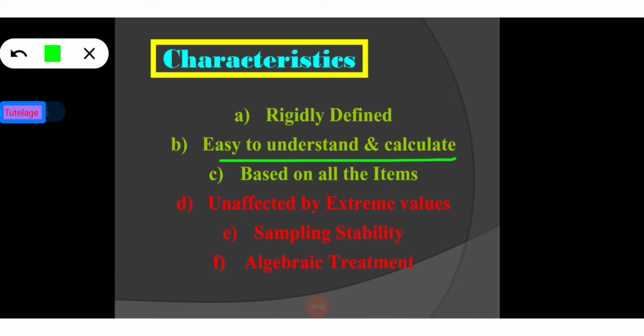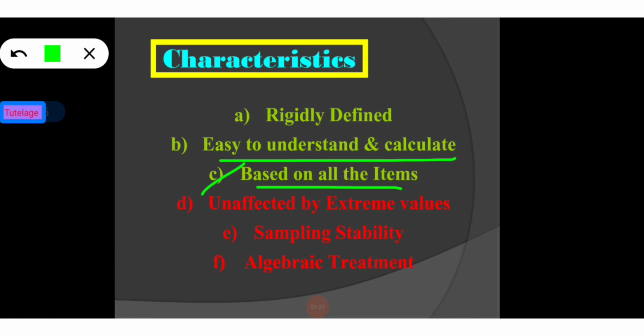Now move on to the third characteristic, that is based on all items. Measures of dispersion should be based on all the observations of the data. A measure which is not based on all the data may not be a good measure, because some characteristics of the data may not be reflected in that measure. So that's why it is one of the important characteristics.